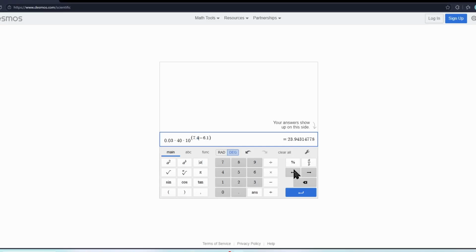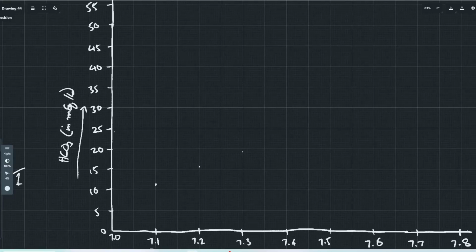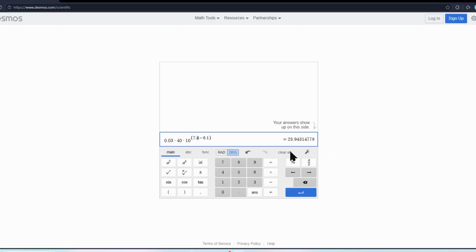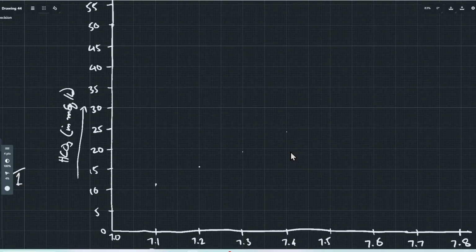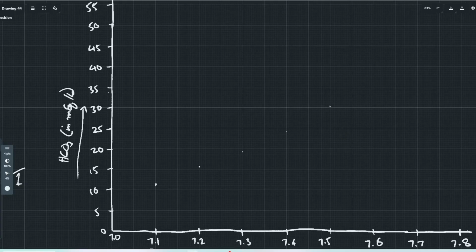Then 7.4, it would be about 24. And then 7.5, it would be 30.14, somewhere here. Then 7.6, nearly 38, so somewhere here.